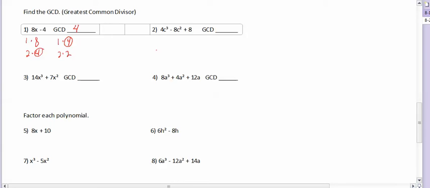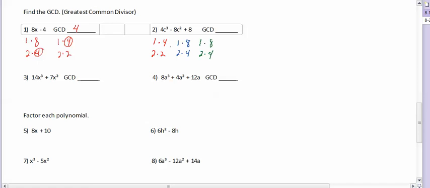Okay, same thing with the next one. We're going to look at 4. You can multiply 1 times 4 and 2 times 2. And I'll change the color. On the 8, you can do 1 and 8, 2 and 4. And for 8, we've got 1 and 8, 2 times 4, and that's the same 8 as that 8.